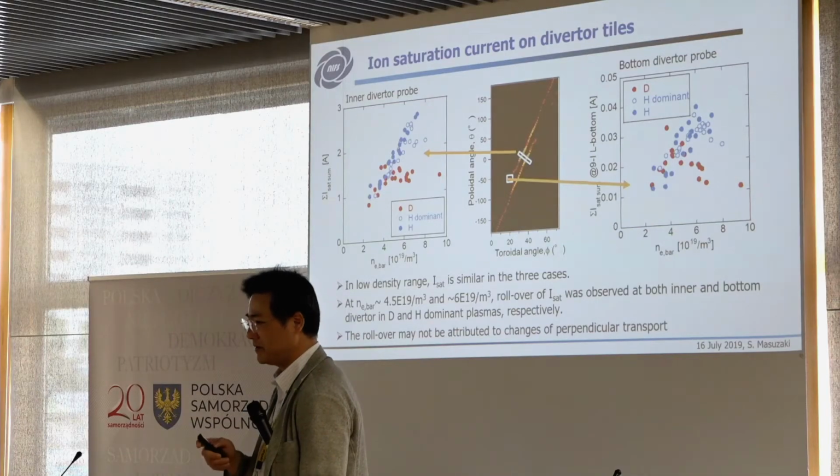So when was this sputtering measured, in the low density plasmas or after the rollover? Yeah, it's both. This data is collected from the stored energy maximum timing. So various shots, not only one shot, but many shots. All data is from the stored energy maximum timing.